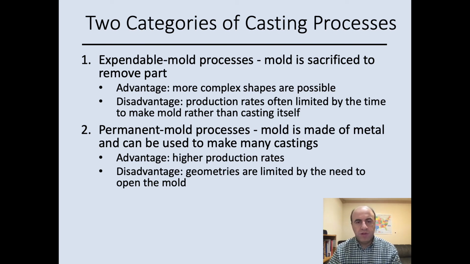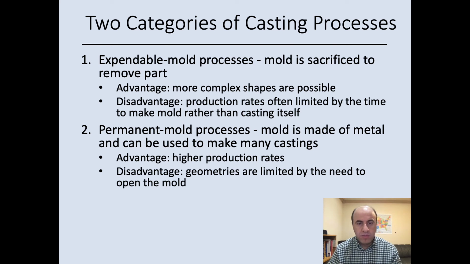With this expendable mold process, we can make parts with a complex geometry. The problem with that process is that the production rate is going to be limited by the time to make the mold rather than the casting itself. So that is the drawback of the expendable mold process.